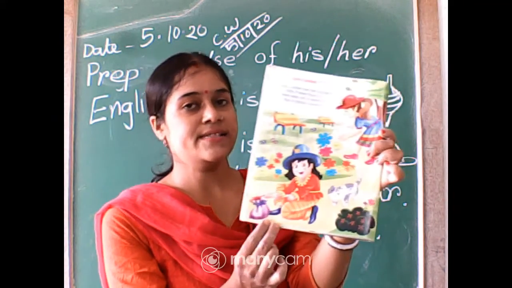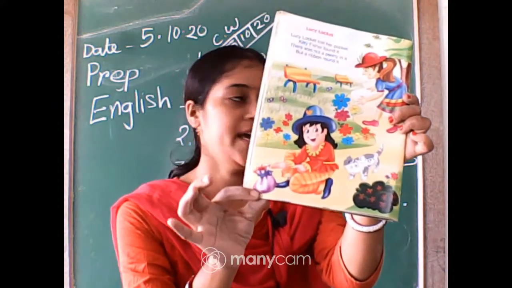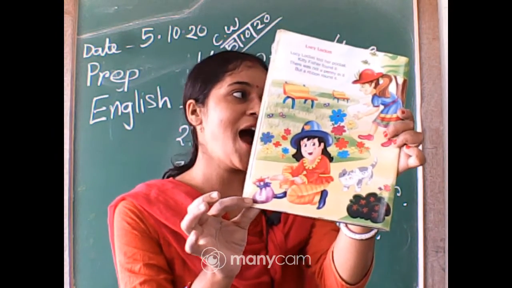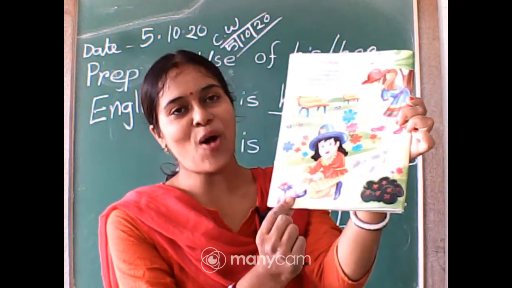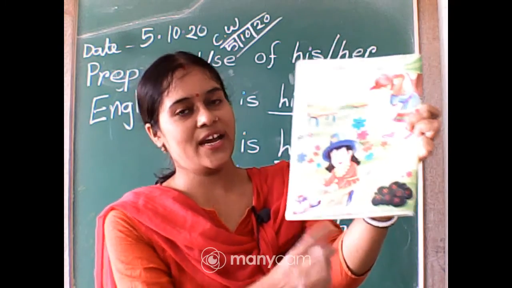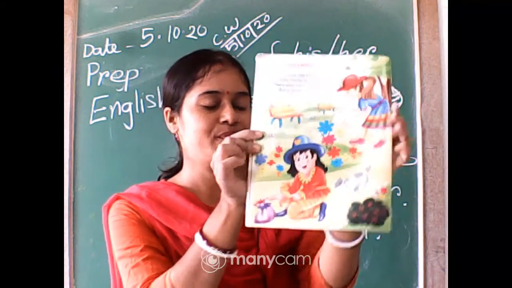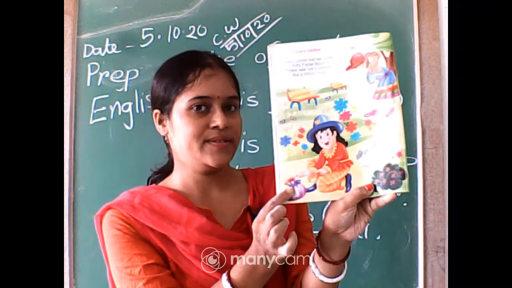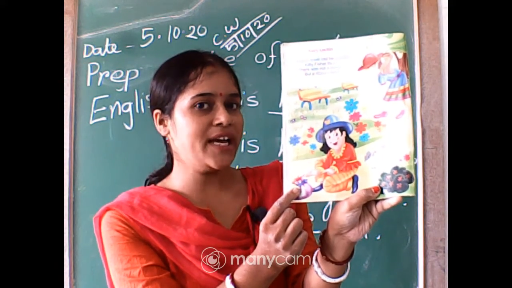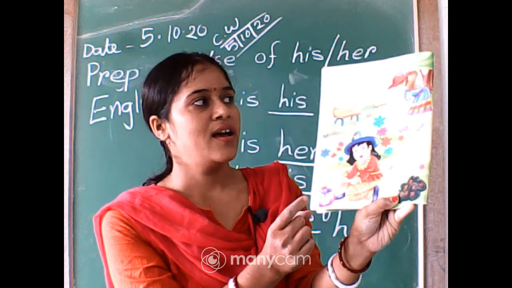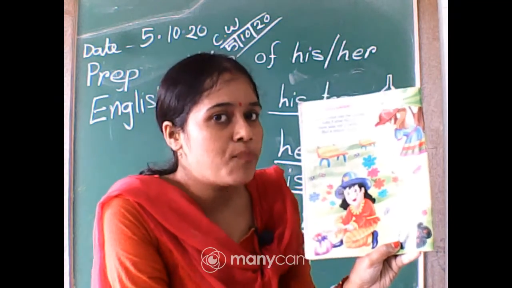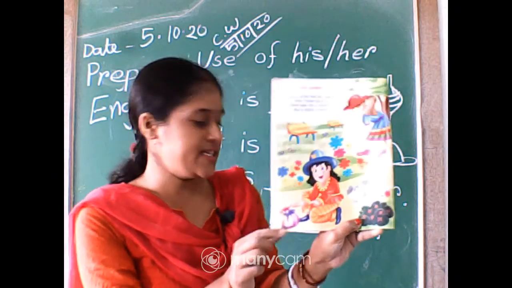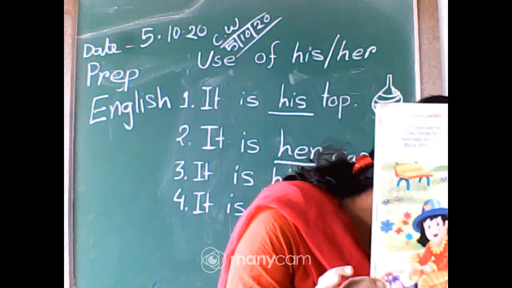It is his pocket or her pocket. A pocket is there and you have learned this rhyme. Lucy Locket lost her pocket. Lucy Locket lost her pocket. So answer me, her.